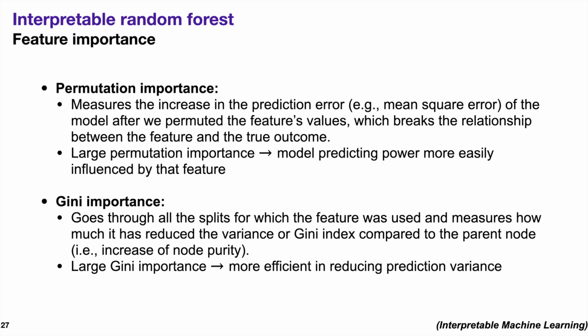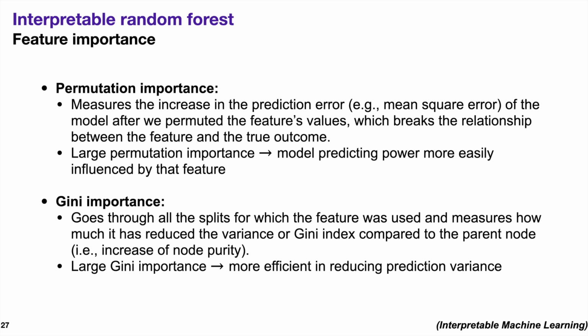We can measure the increase in the prediction error, in most cases the mean squared error, as the permutation importance. So if we get a larger permutation importance for one variable, that means the model performance relies more on that variable.